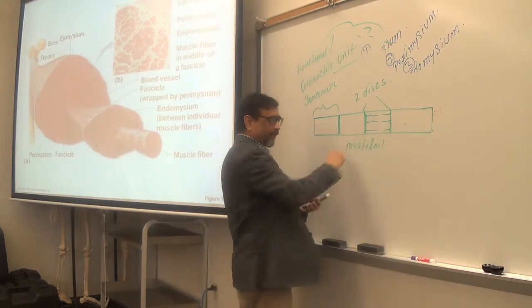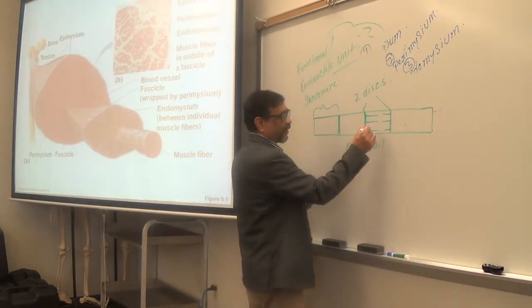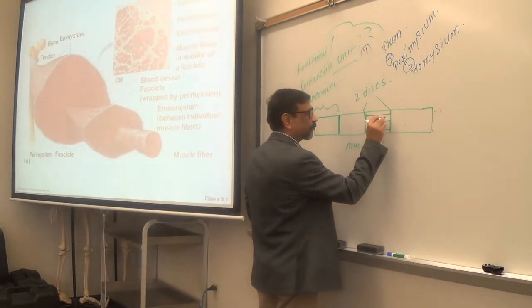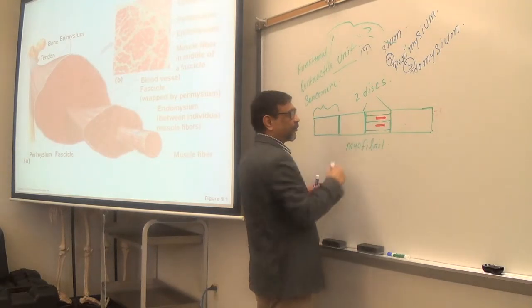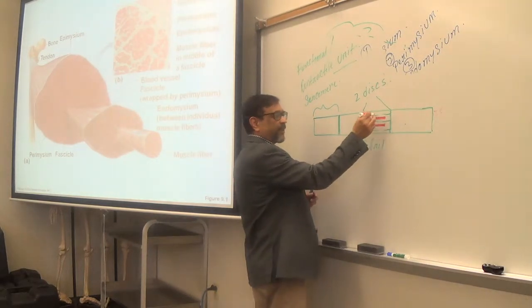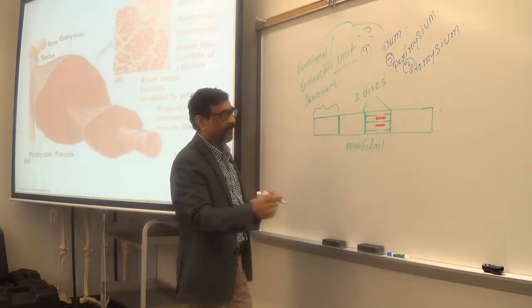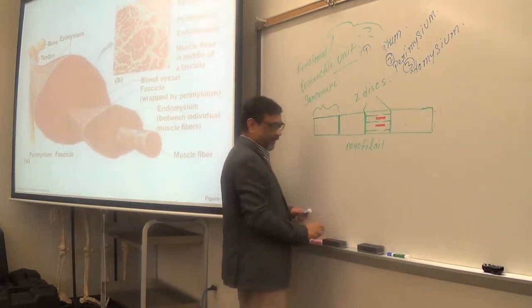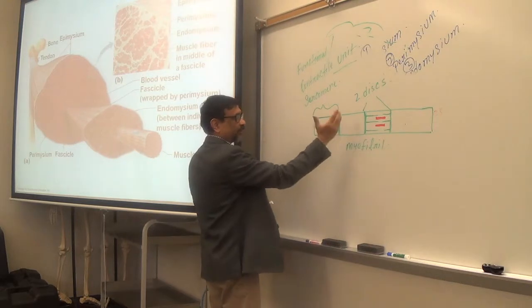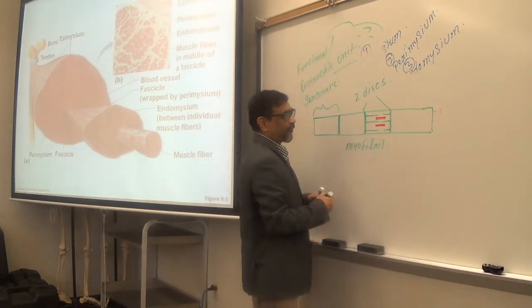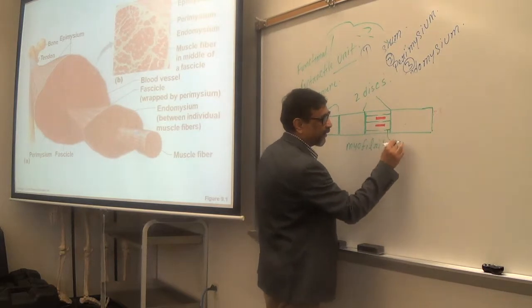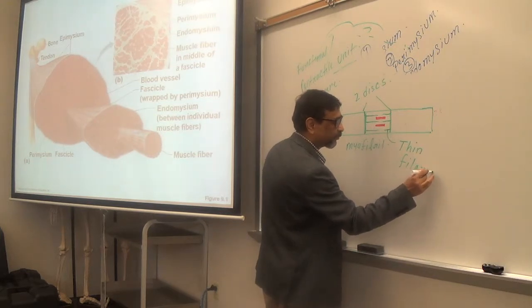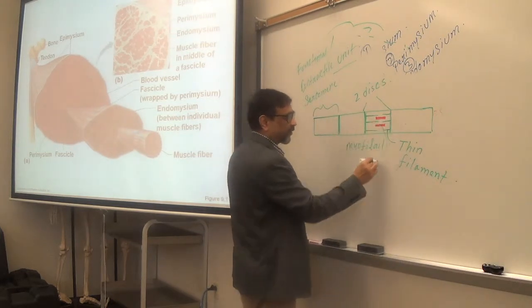These are called thin filaments because they are thin, and these are called thick filaments because they are thick. Same thing in each sarcomere. So inside the sarcomere you have thin filament and thick filament.